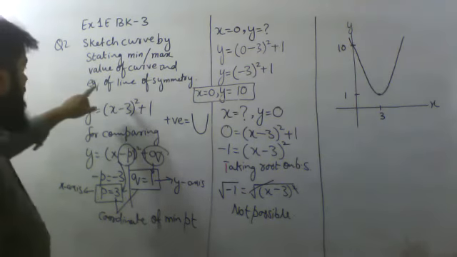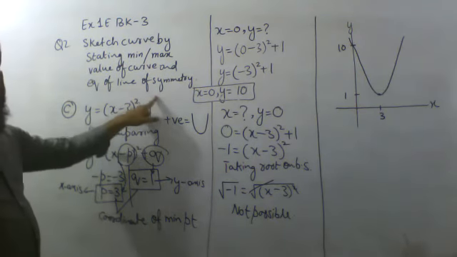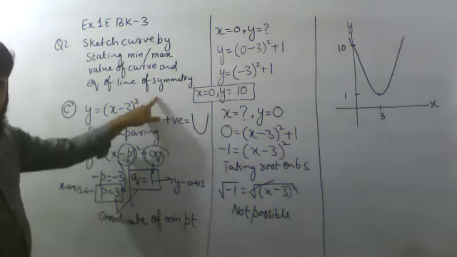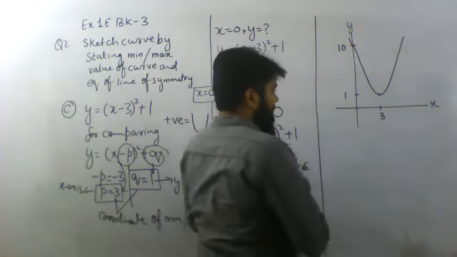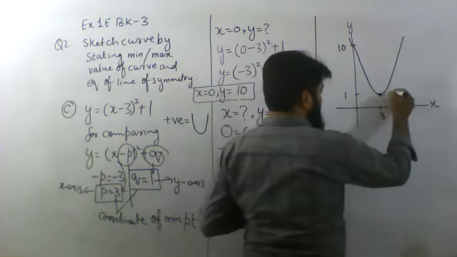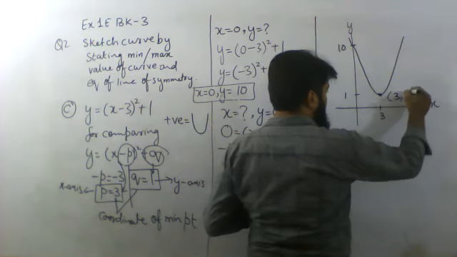Now they are asking for the line of symmetry. How will you find the line of symmetry? This is your turning point whose coordinates are (3, 1).